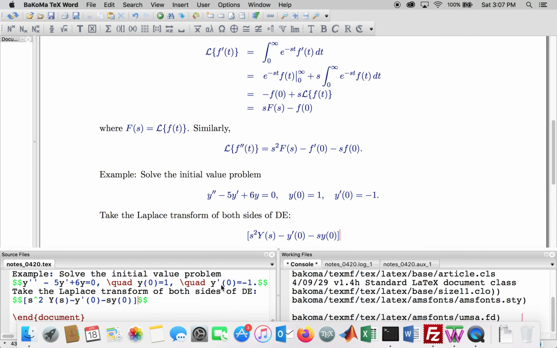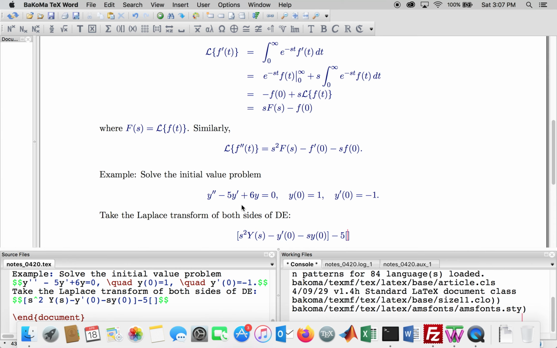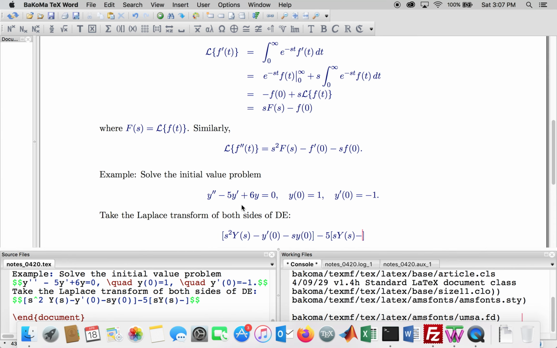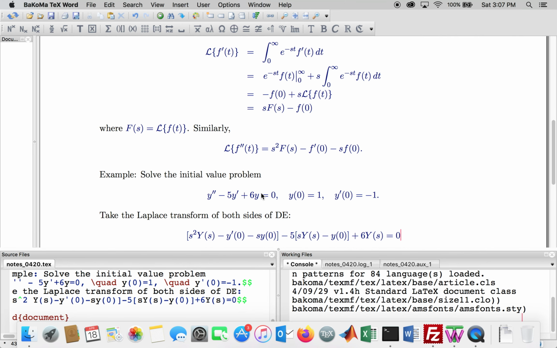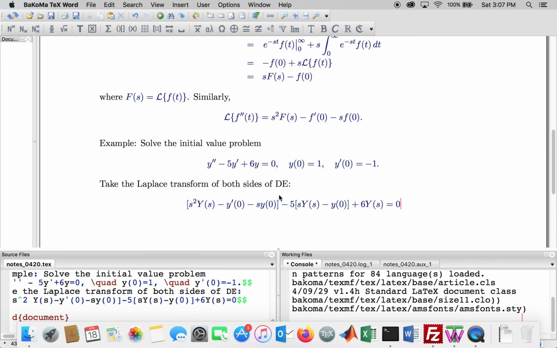All right, so that's y double prime. That took care of this. Now I move to minus 5y prime, so that would be s Y of s minus y of 0, plus 6 capital Y of s. So that is the Laplace transform of the differential equation.